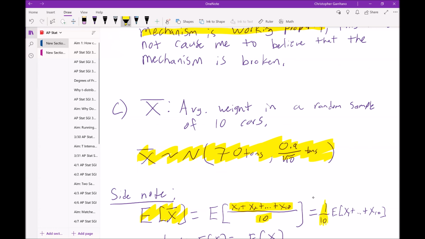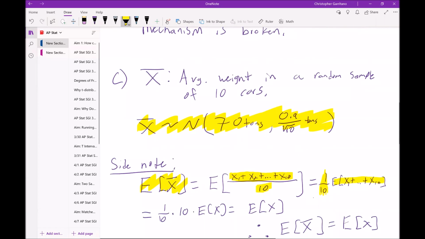And so we have 1/10 times the expected value of X1 plus blah, blah, blah, all the way up to X10. Okay, in your next line, this expected value of X1 plus blah, blah, blah, plus X10 can be written as expected value of X1 plus expected value of X2 plus blah, blah, blah, expected value of X10. Or in other words, it can be written as 10 times the expected value of X.